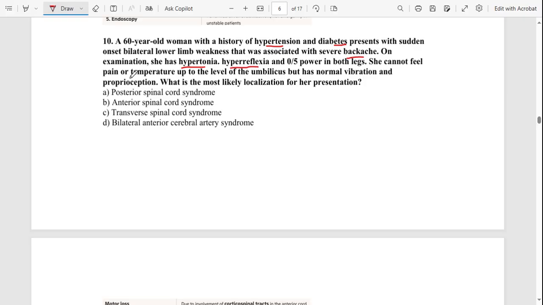She cannot feel pain or temperature up to the level of the umbilicus, but has normal vibration and proprioception. What is the most likely localization of the presentation? Are we able to see the screen?